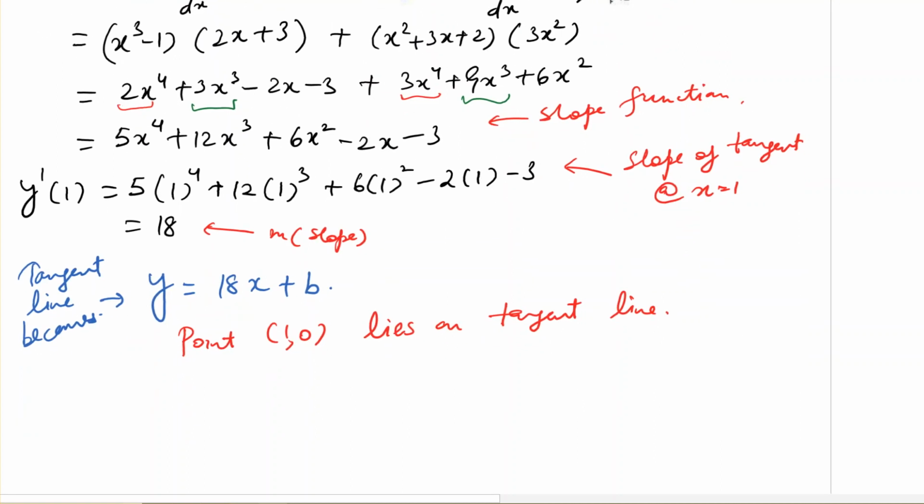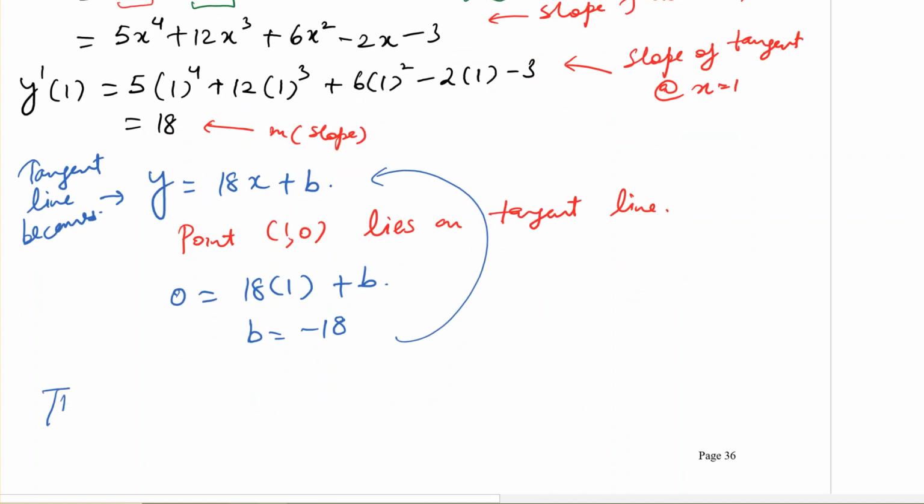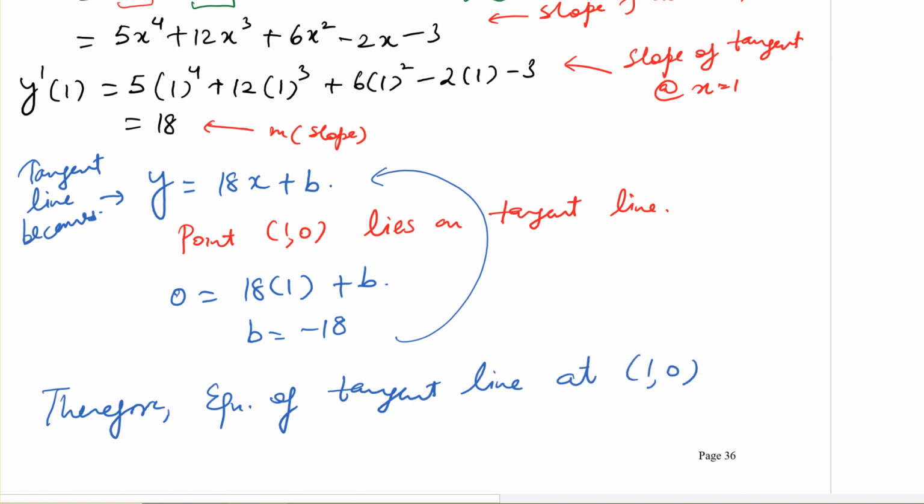When x is 1, y is 0, so 0 equals 18 times 1 plus b. From here we get b equals -18. Now we put this value back, and therefore the equation of the tangent line at 1, 0 is y equals 18x minus 18. This is our required solution.